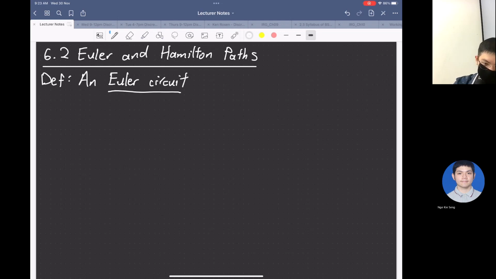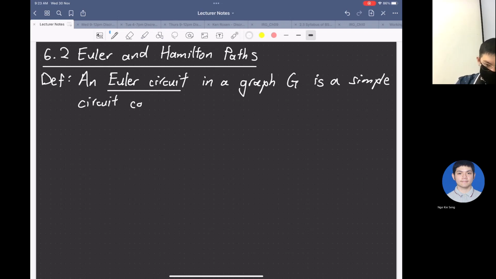An Euler circuit in a graph G is a simple circuit containing every edge of G exactly once.